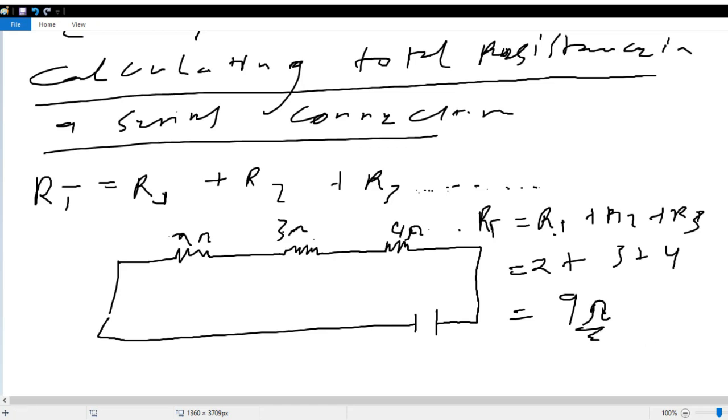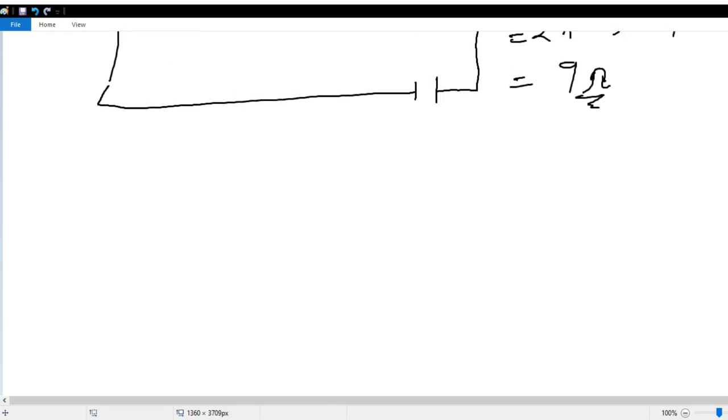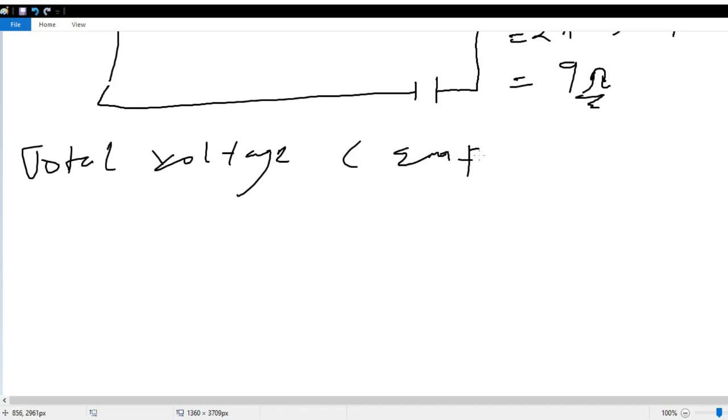Let us now look at how you can calculate the total voltage. So the total voltage, which is referred to as the electromotive force. So for us to calculate the total voltage, we know that voltage across each component or each resistor is not the same.